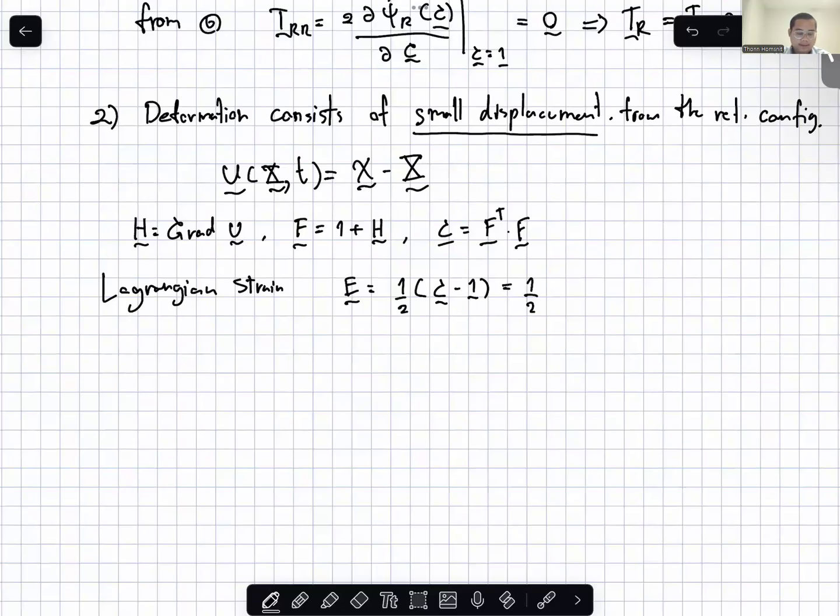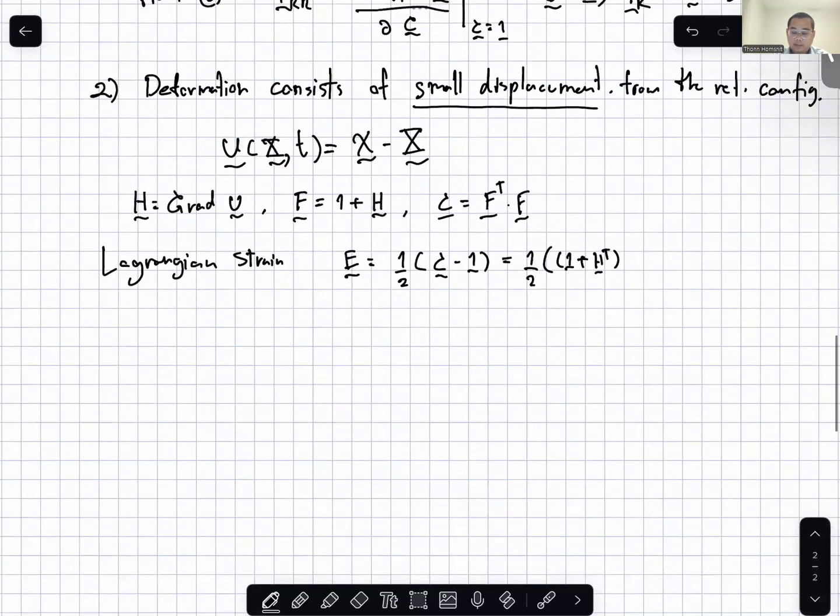So the first one is the F transpose, right? So we have 1 plus H transpose. So we distributed the transpose into the parentheses. And on the right one, we have 1 plus H, and we have minus 1. So after we multiply it, we have this one.